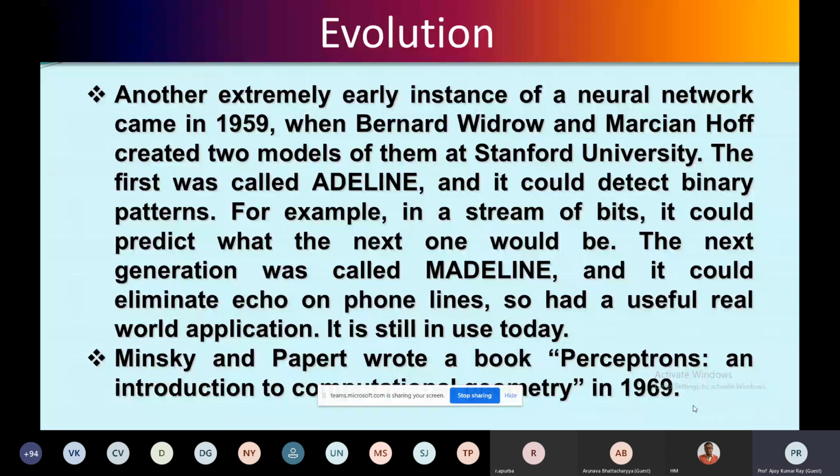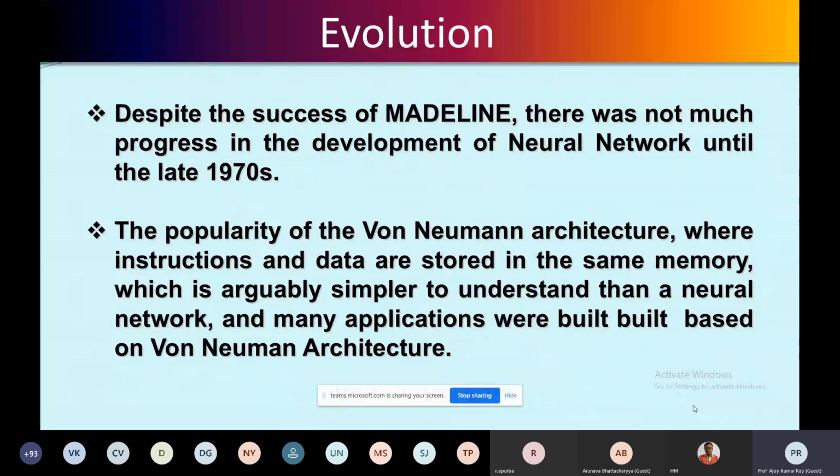So funding gradually started reducing. And in research, you need to get funding. Without funding, you cannot do the research. So despite the success of the initial work, there was not much progress in the development of neural networks until the late 1970s.